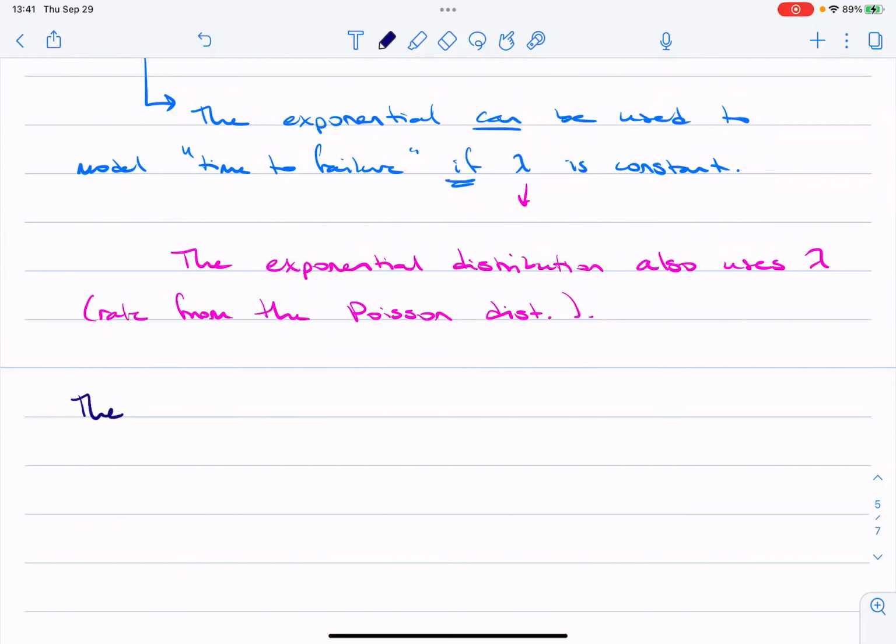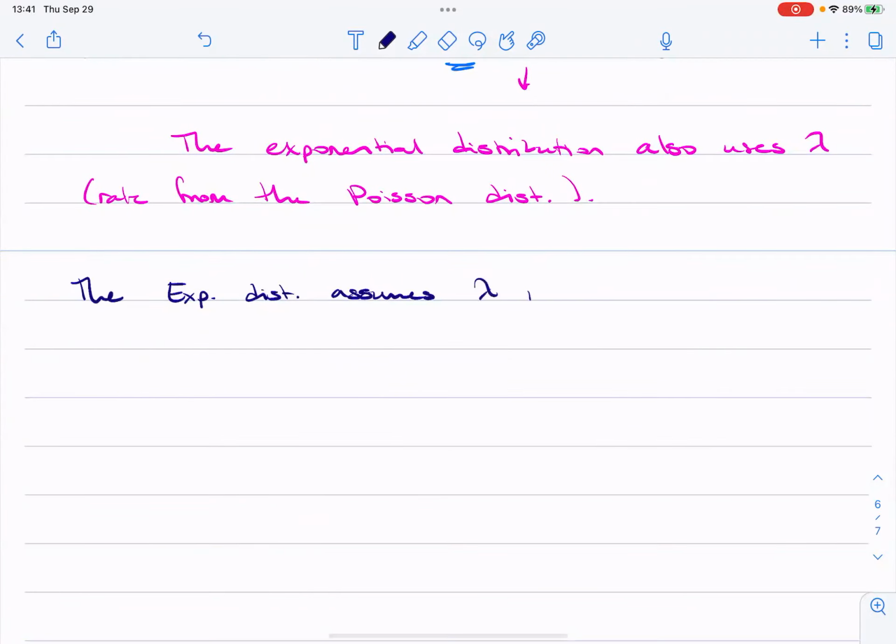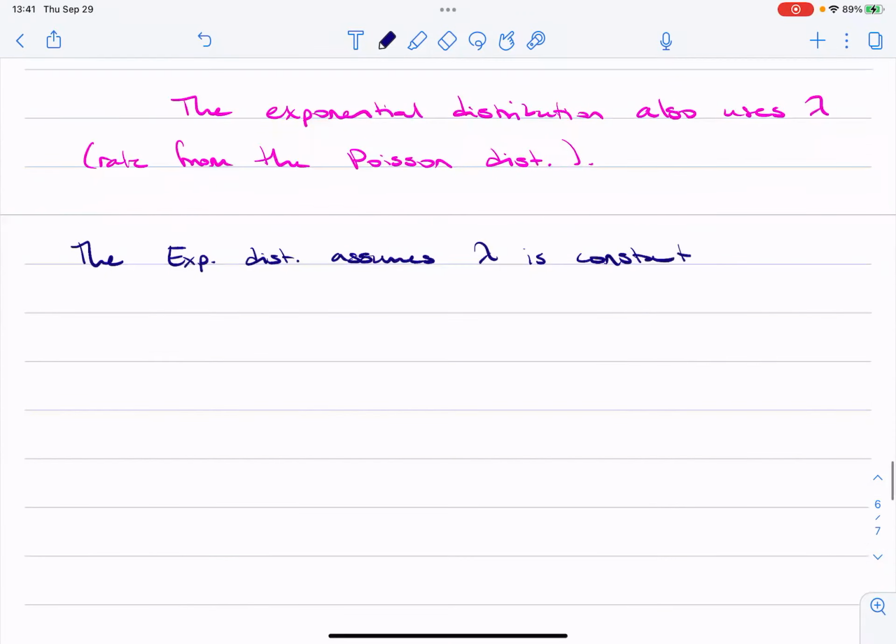Then maybe we can break up that time period to have individual lambdas that are constant. So the exponential distribution assumes lambda is constant, which is not always the case.